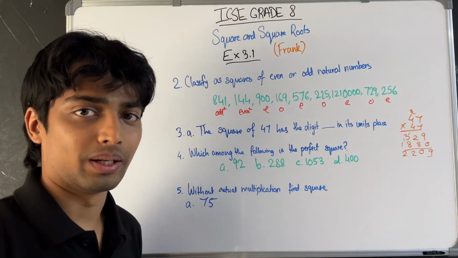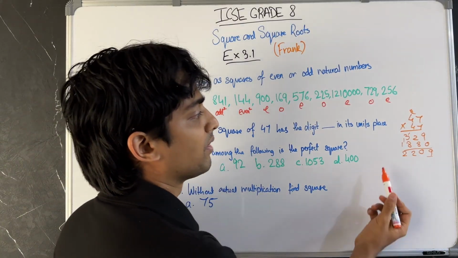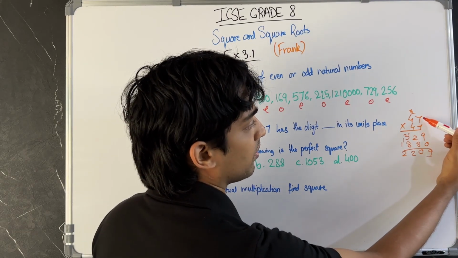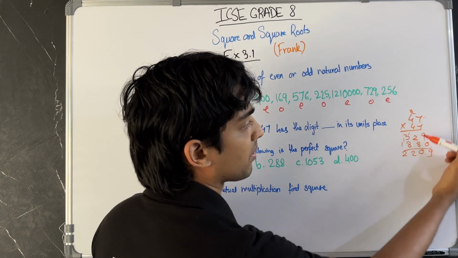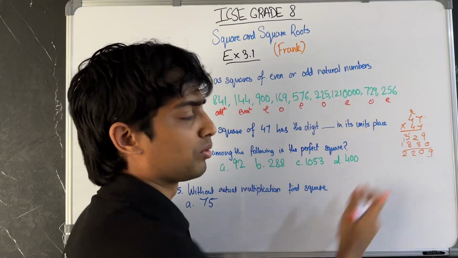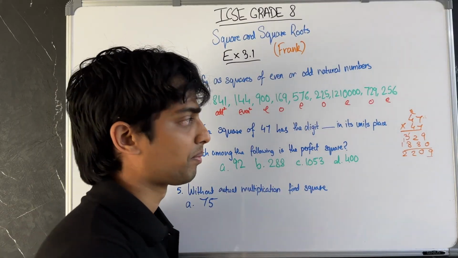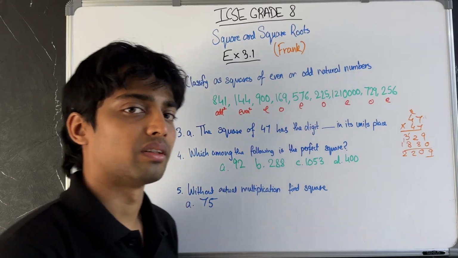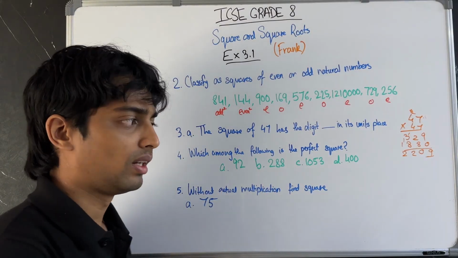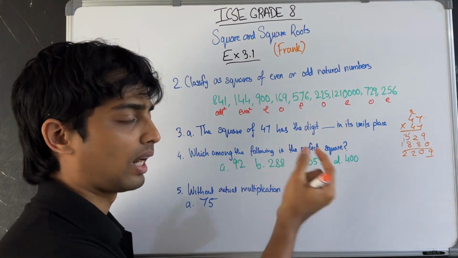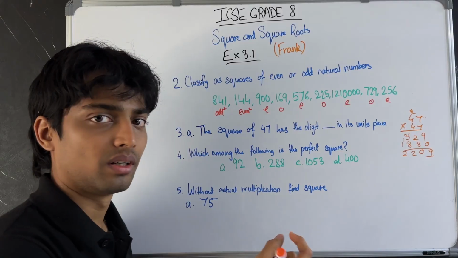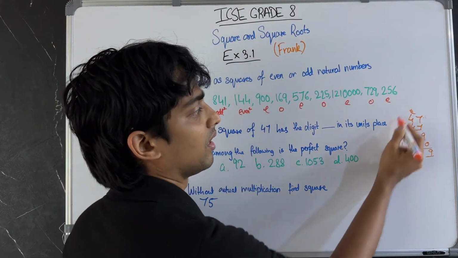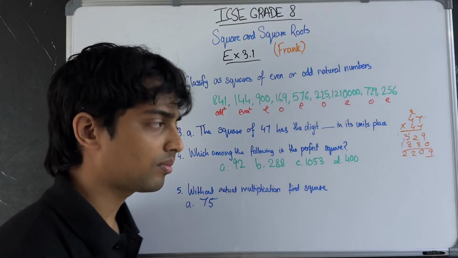But is there a better way? Yes. As you notice, if you would have just taken the last digits of these two numbers, 7 and 7, 7 into 7 is 49 and the last digit is 9, the answer would be 9 only. And it is always the case: whenever we multiply two numbers and we individually multiply the last digit of each number, the last digit of the answer will be the same as the actual multiplication.